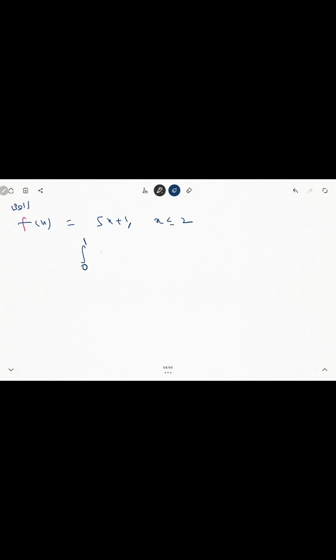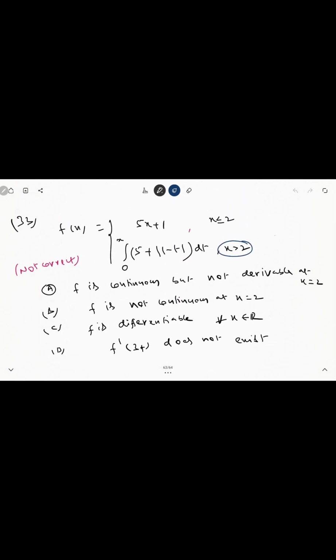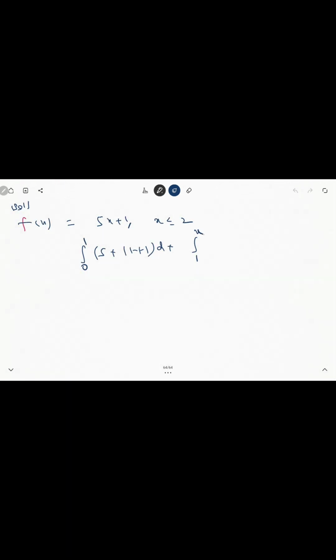0 to 1, 5 plus modulus of 1 minus t dt. Again, tell me another piece, 1 to x, 5 plus modulus of 1 minus t dt. Here t lies between 0 to 1.